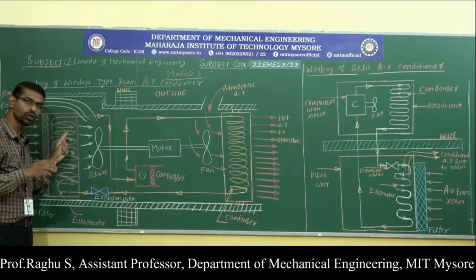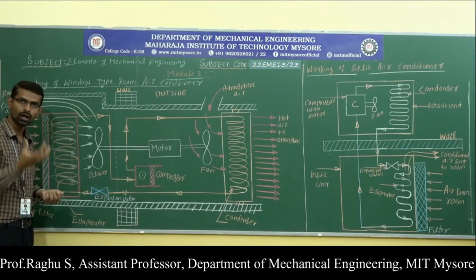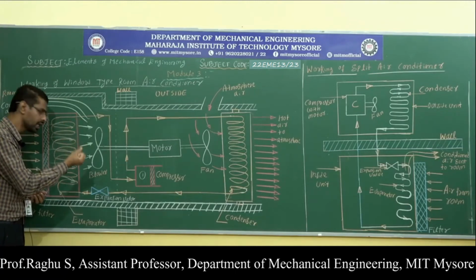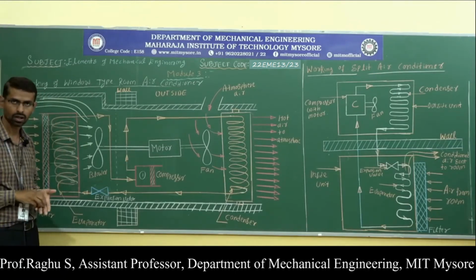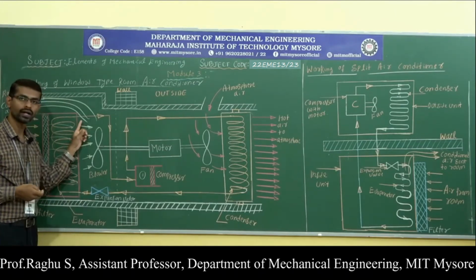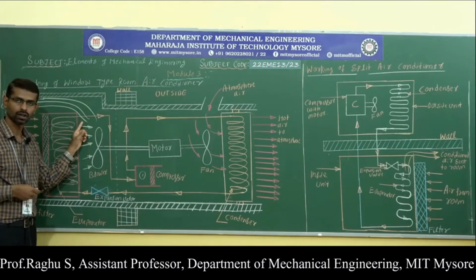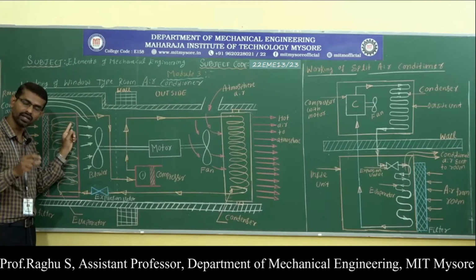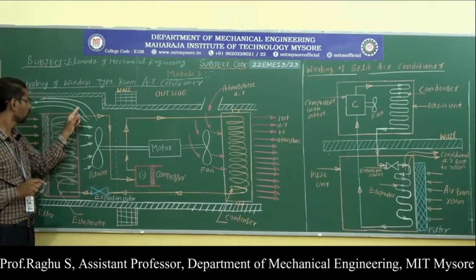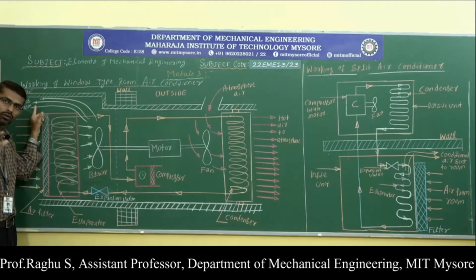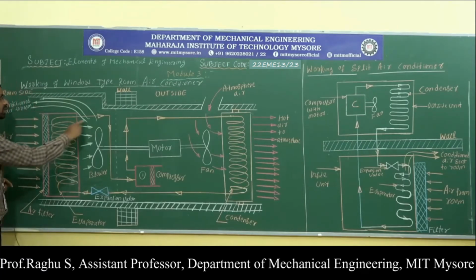When the hot air flows over the evaporator tubes, the cold refrigerant inside the evaporator tube absorbs the heat from the hot air, so that the temperature of the air gets reduced and we get cold air. Also, the moisture present in the air is removed. Therefore, we get cold air and also dehumidified air. Now, this conditioned air is sent back to the room.